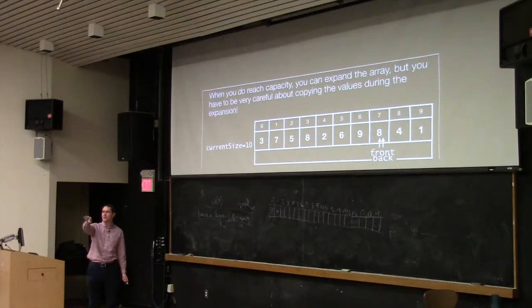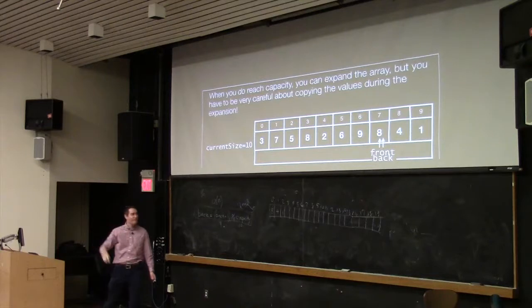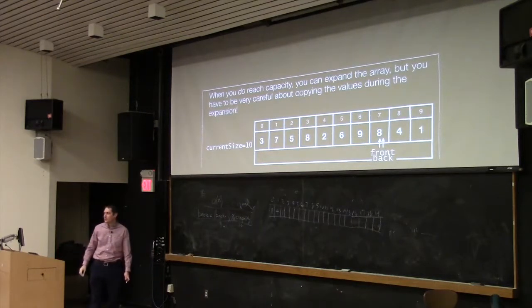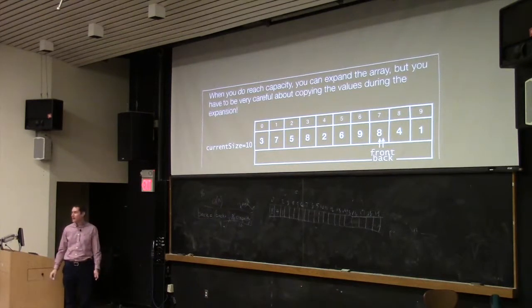Somebody else who has a different idea? Can you just copy them one to one and just keep the same front and back? If you keep the same front and back, you're still going to have a 4 here, so it's still the same problem.